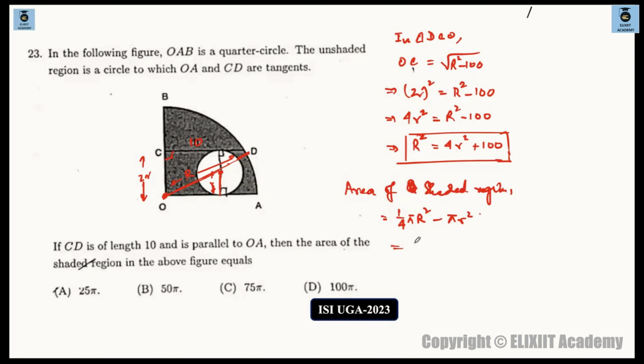So 1 by 4 pi times R square, meaning 4r square plus 100, minus pi r square. The 4 cancels out, pi r square minus pi r square cancels. 1 by 4 times 100 is 25 pi. Option A is correct.